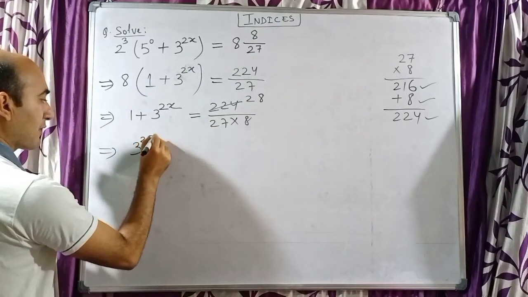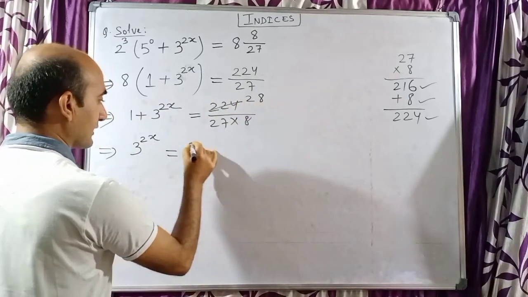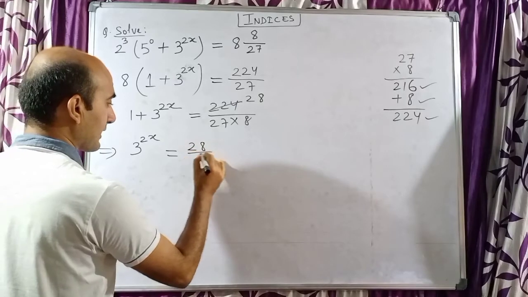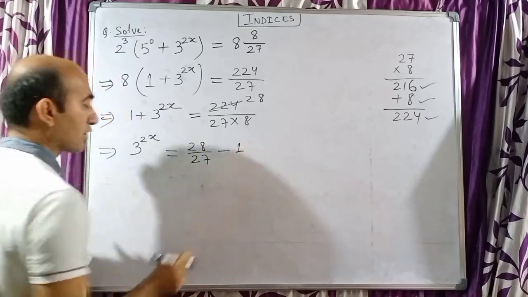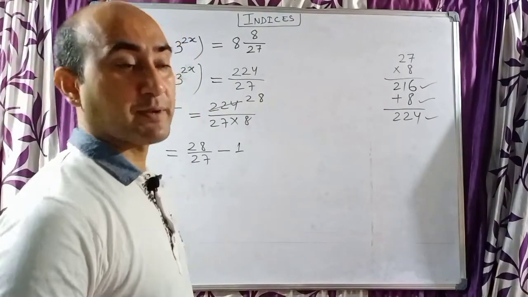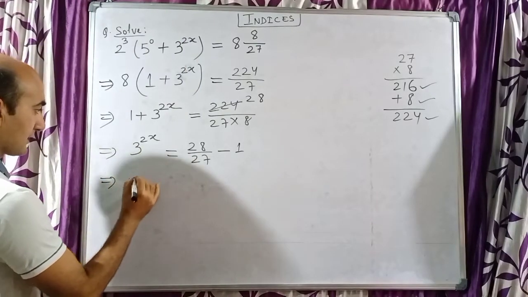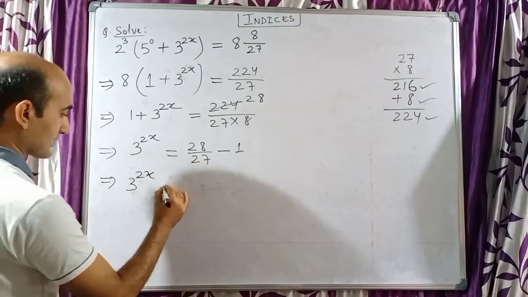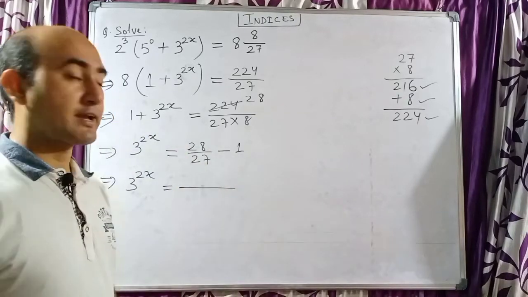Only 3 power 2x will remain. So this 1 will go and subtract there. Here we have 28 by 27, and this 1 will become minus, because this 1 is in the addition form, going that side means it will become minus form. Now children, you write 3 power 2x, and here you subtract with the help of LCM.